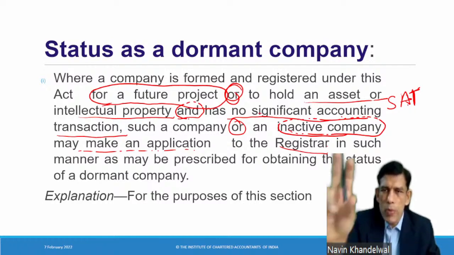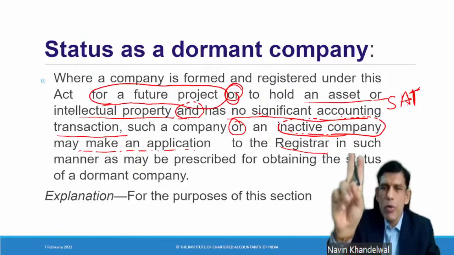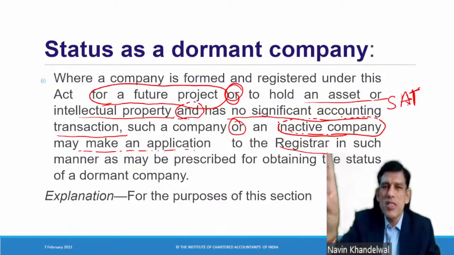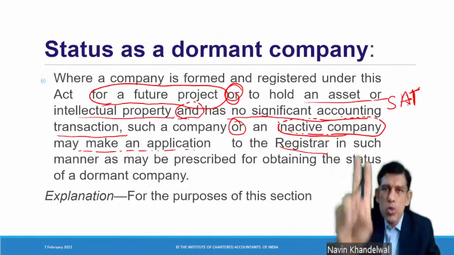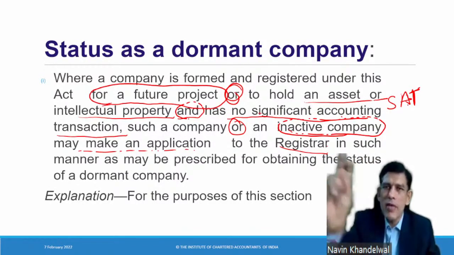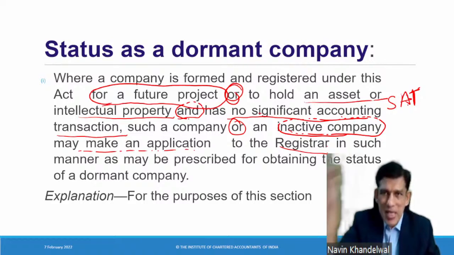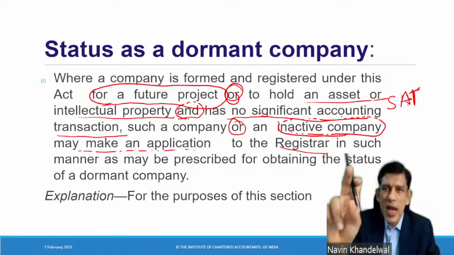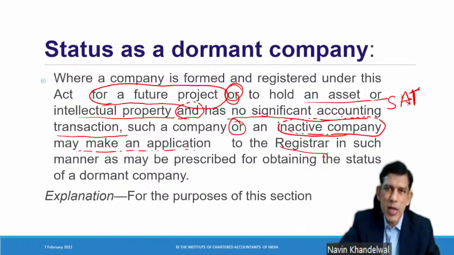So I hope you have got the point. There are two conditions. From an exam point of view, under what status can a company be classified as a dormant company? There should be two answers. Point number one: a future project plus no significant accounting transaction, or holding an IPR plus no significant accounting transaction.